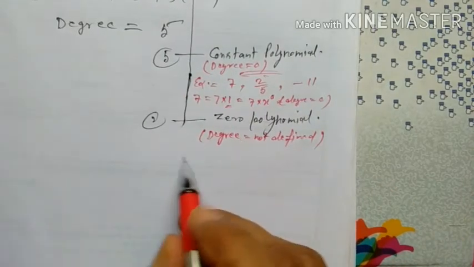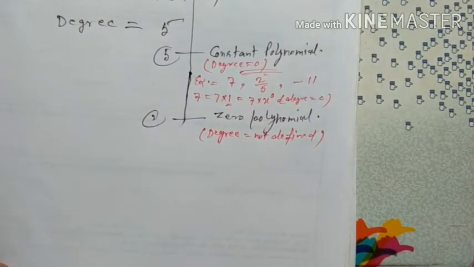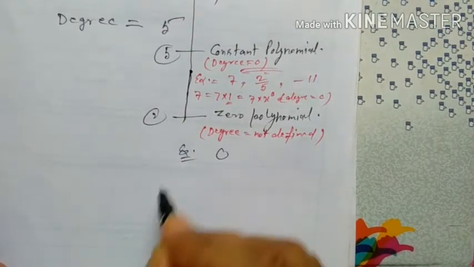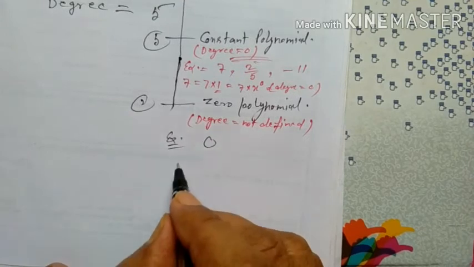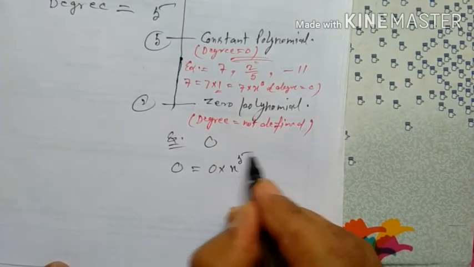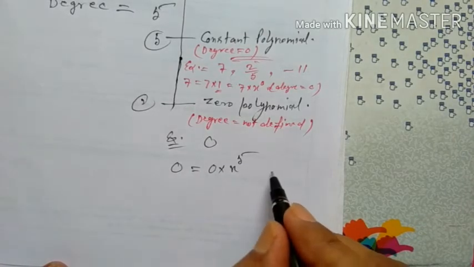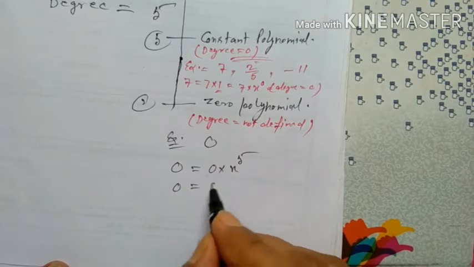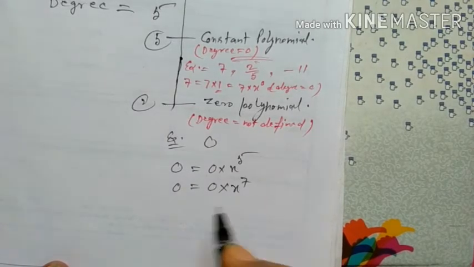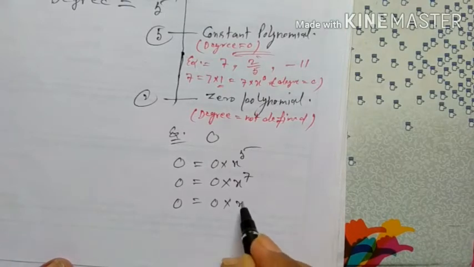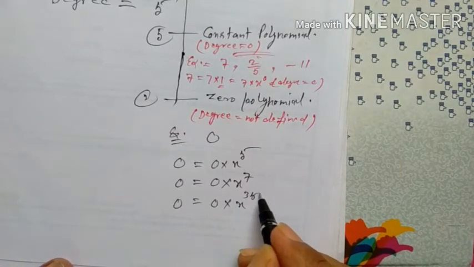And what is zero polynomial? 0 is zero polynomial. So 0 can be written as 0 into x power 5. In this case, degree is 5. But 0 also can be written as 0 into x power 7, or 0 into x power 35.